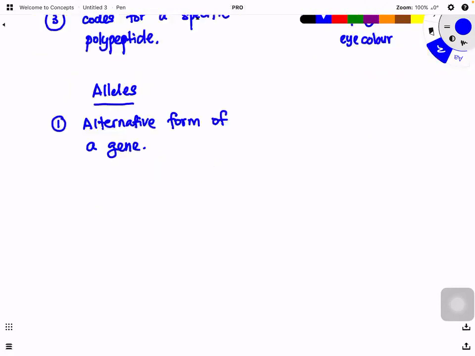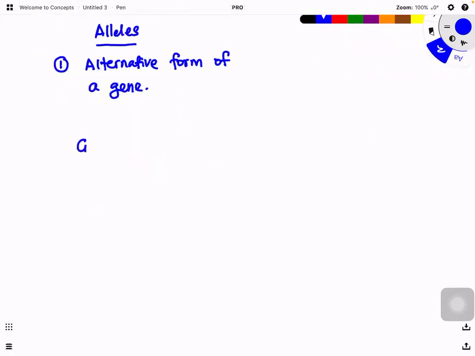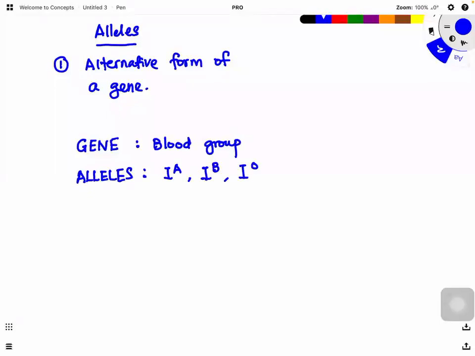For example, the gene that codes for our blood group, but what kind of allele? You have IA, IB, IO. Can you see that? There are three alleles belonging to the gene for blood group. Do you understand the concept of allele versus gene?